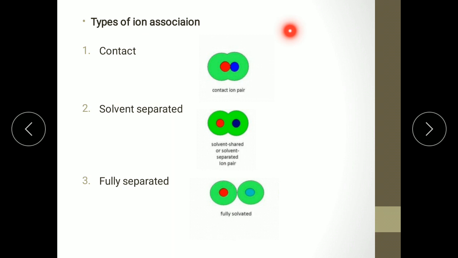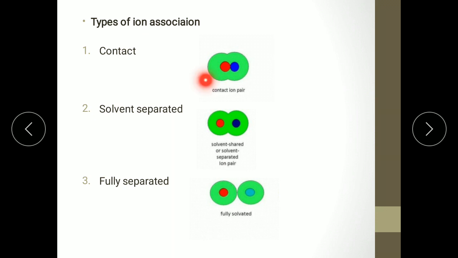Now those ions either will be dimer, trimer, means दो आयन अट्रैक्ट होते हैं तो उसको डाइमर बोलते हैं, तीन आयन ट्राइमर, फोर आयन tetramer, like that. Now how the type of association will be there? First one is contact, second one is solvent separated, and third one is fully separated.